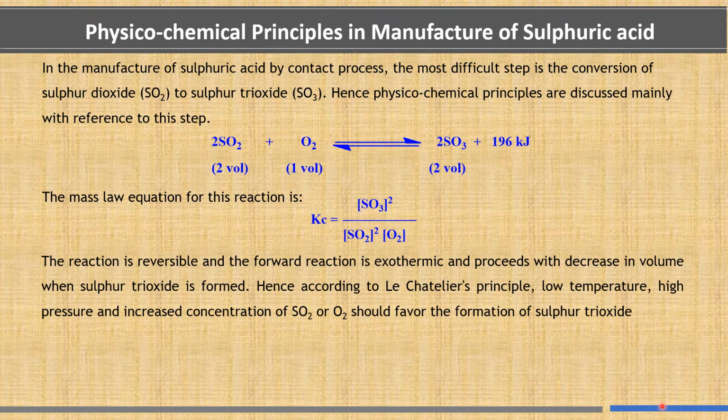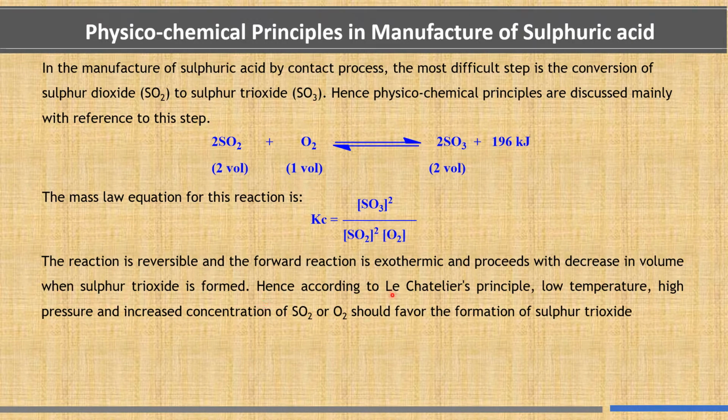The reaction is reversible and the forward reaction is exothermic and proceeds with decrease in volume, that is 3 volumes giving rise to 2 volumes when sulfur trioxide is formed.